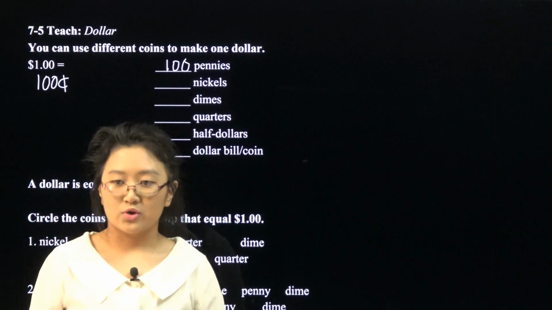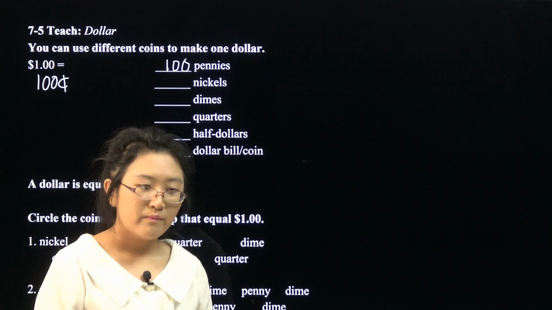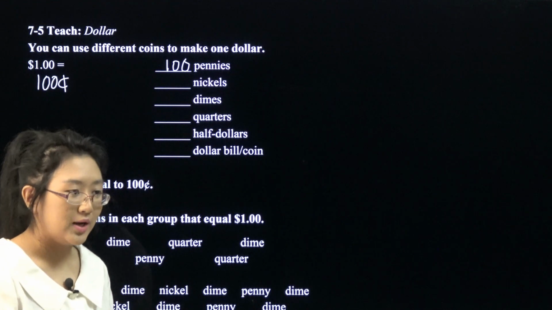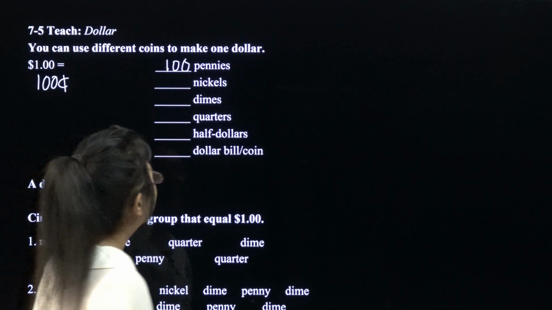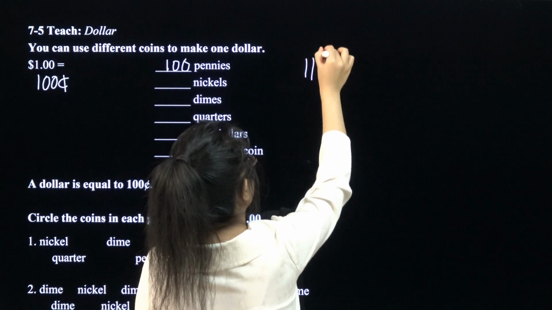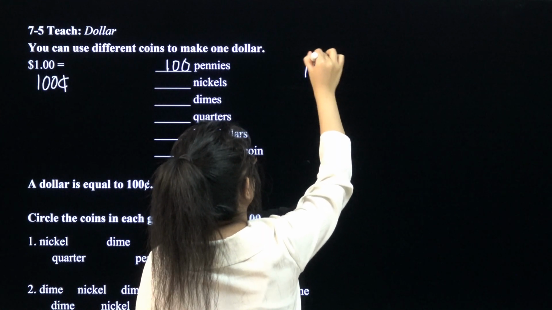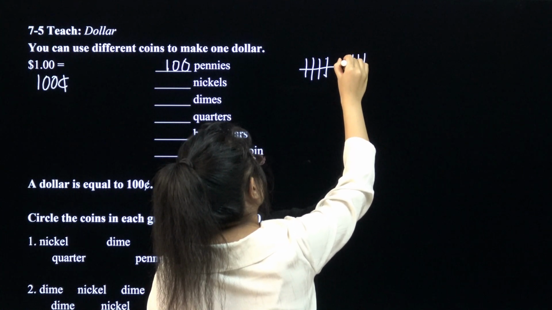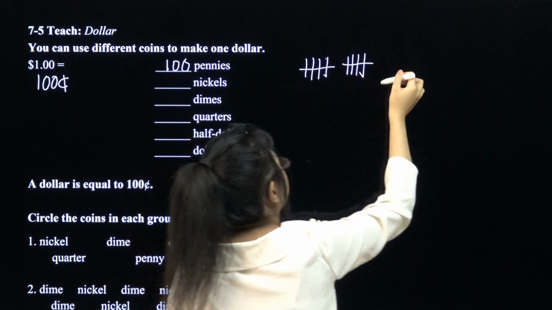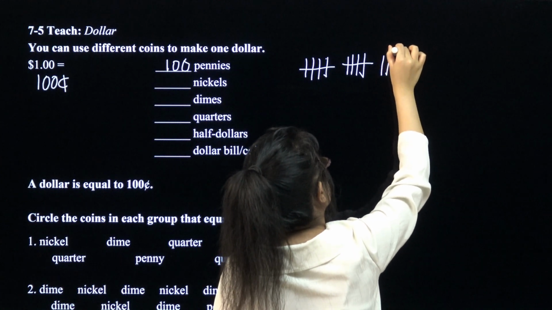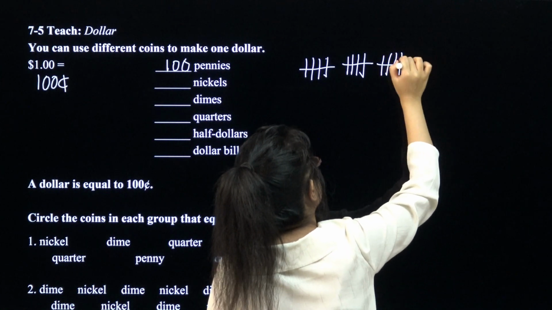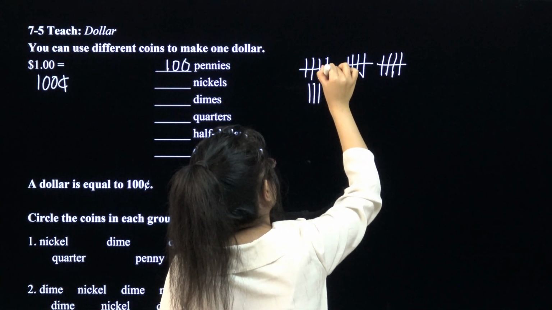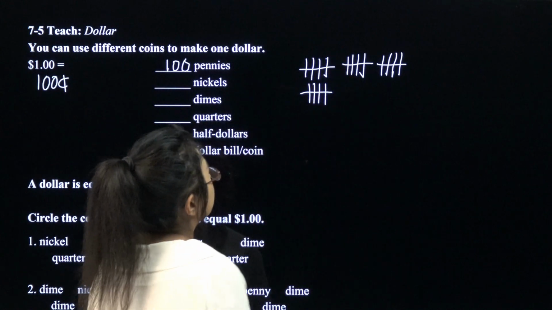What about nickels? Since a dollar is 100 cents and a nickel is 5 cents, and you haven't learned division yet, let's skip count until we get to 100. So we have 5, 10, 15, 20, 25, 30, 35, 40, 45, 50, 55, 60, 65, 70, 75, 80, 85, 90, 95, 100.